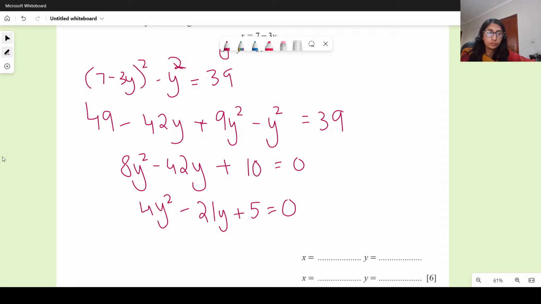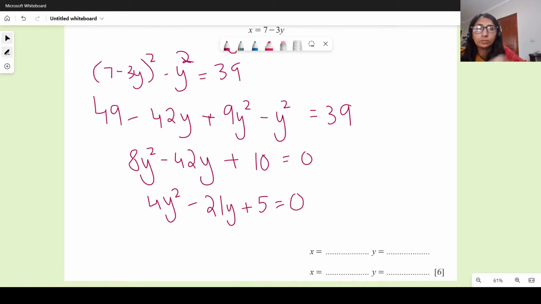Now we're supposed to solve this quadratic equation. I would use middle term breaking if it works. I'm looking for two numbers whose product would be 4 times 5, which is 20, and whose sum is minus 21.